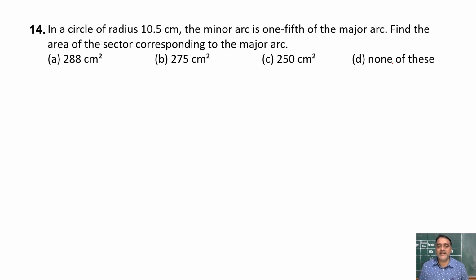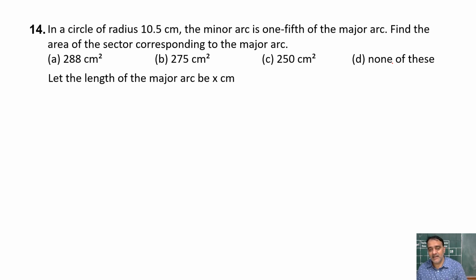In a circle of radius 10.5 centimeter, the minor arc is 1/5 of the major arc. Find the area of the sector corresponding to the major arc. So first of all, let the length of major arc be x centimeter. Okay, so that means length of minor arc कितना होगा?